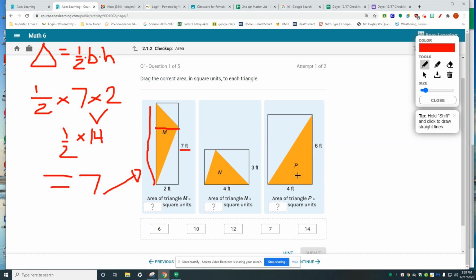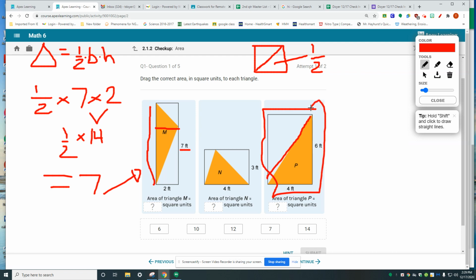Okay, this one is 1/2 base times height. But it's like, well, what is that? They don't tell me that number. So earlier in the unit, they told me that if I have a rectangle, a triangle is half of a rectangle. So I need to figure out the rectangle. That's a four-sided shape, and a rectangle is always length times width.